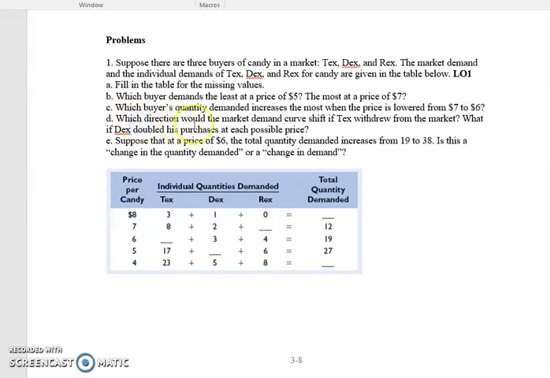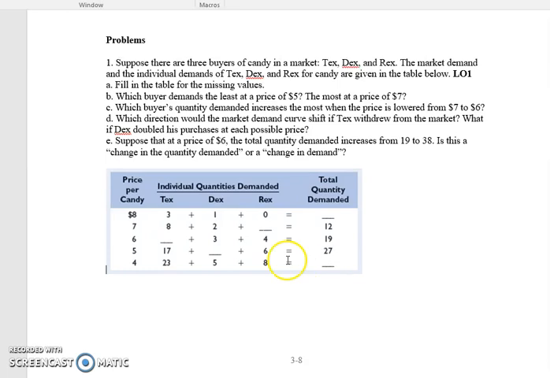Now the last one: which direction would the market demand shift if Tex withdrew from the market? All of this column for Tex will become 0 when Tex withdraws from the market. As a result, this is reflected in the total quantity demanded, and all of it will become less than what it is.